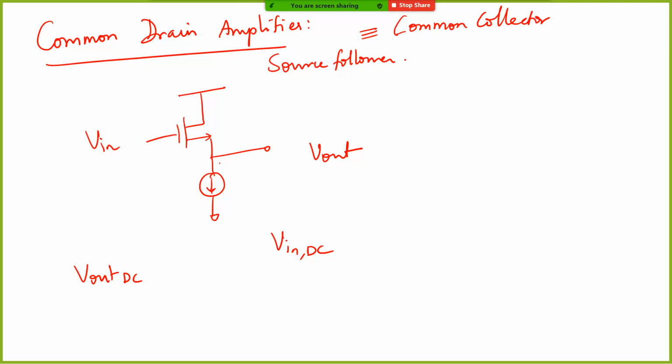What is V out DC when compared to V in DC? How is the difference? Just look at the DC. Don't look at the small signal now. Just think about only DC.